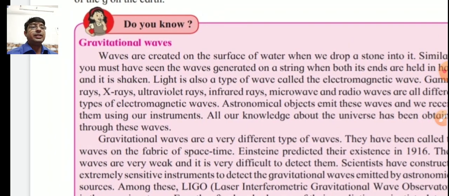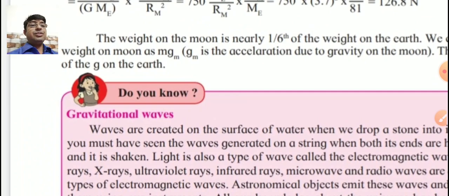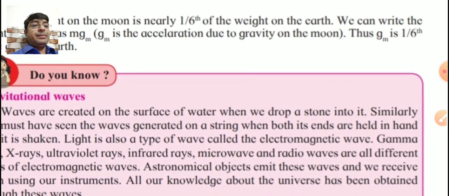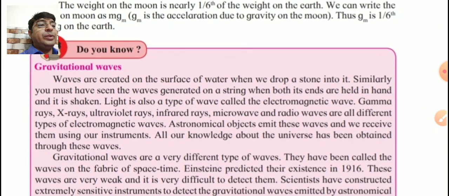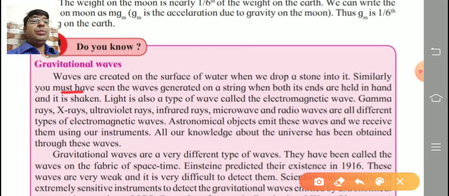Page number 10. Okay. Now do you know gravitational waves? Waves are created on the surface of water when we drop a stone into it. Similarly, you must have seen the waves generated on a string when both its ends are held in hand and it is shaken.